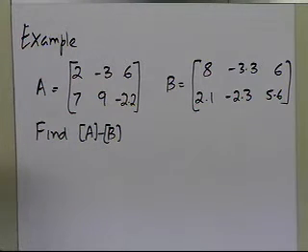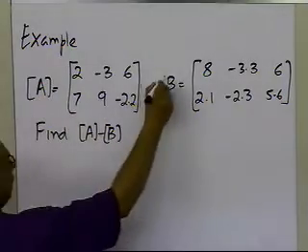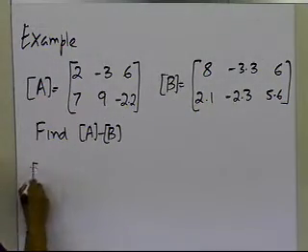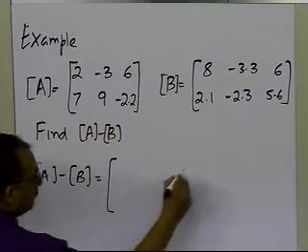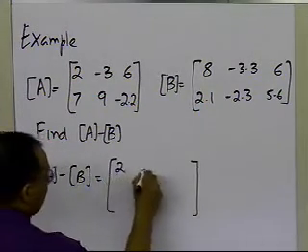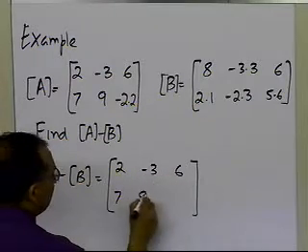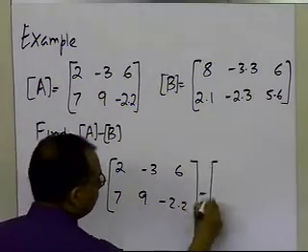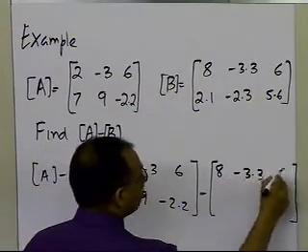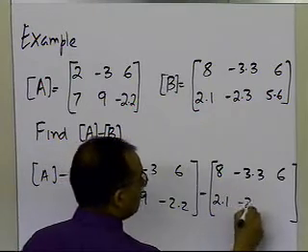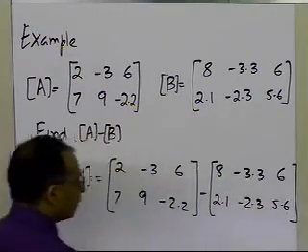In this case, what that means is that I simply have to subtract element by element each of the elements of A and B from each other. And that's how I'll be able to find out what A minus B is. So A minus B will be simply equal to the A matrix, which is [2, -3, 6; 7, 9, -2.2], minus the B matrix, which is [8, -3.3, 6; 2.1, -2.3, 5.6].